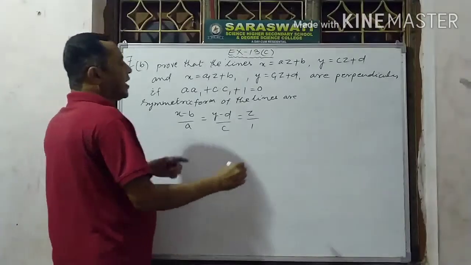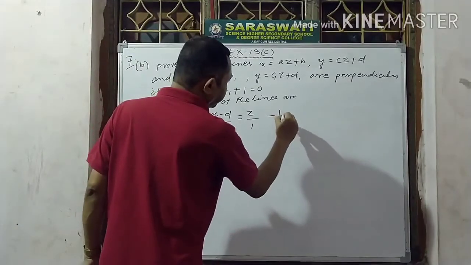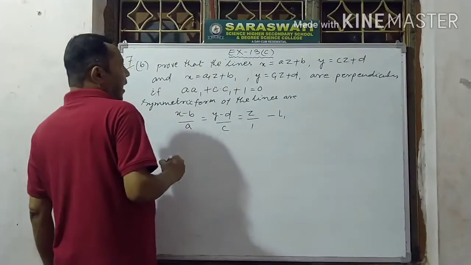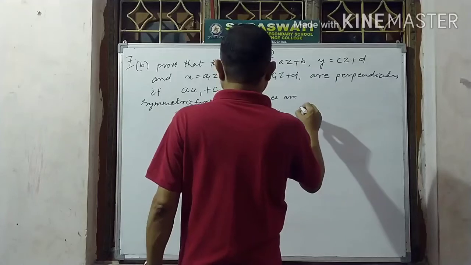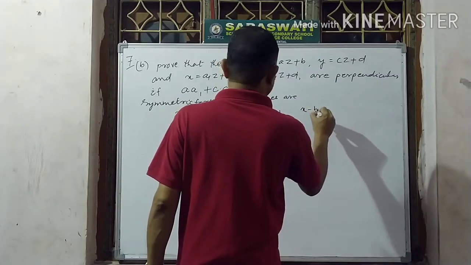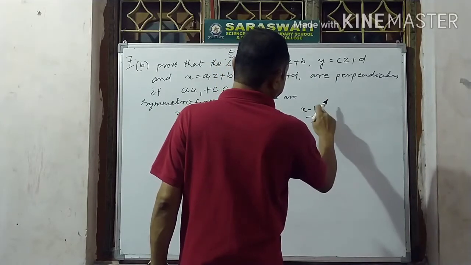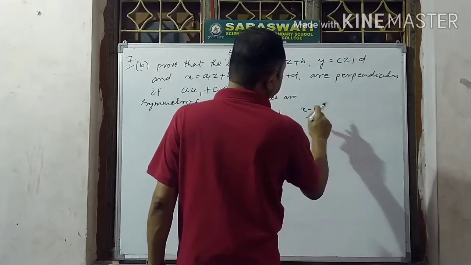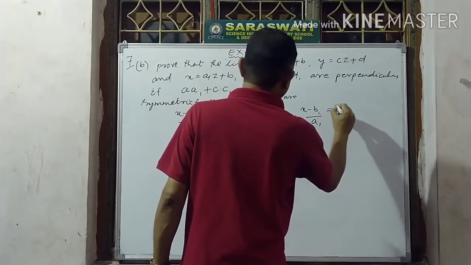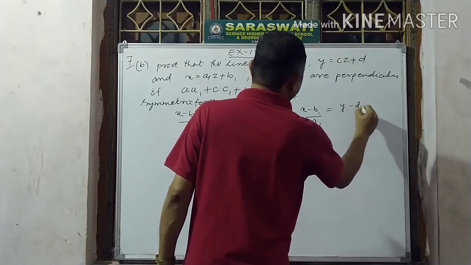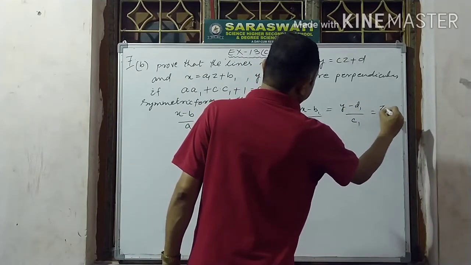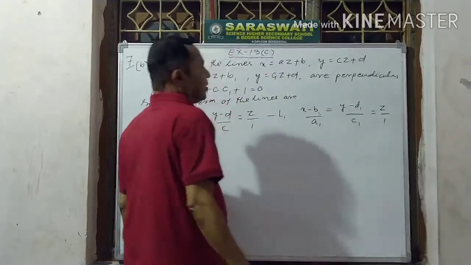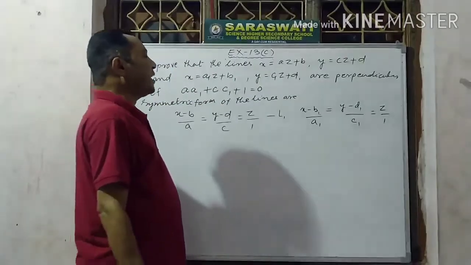This is line L1. And the second line is (x minus b1) by a1 is equal to (y minus d1) by c1 is equal to z by 1. So this is line L2.